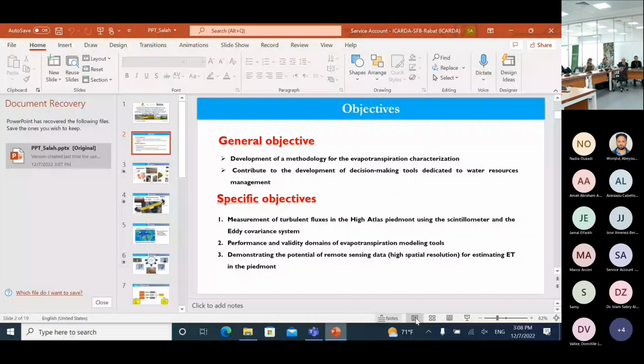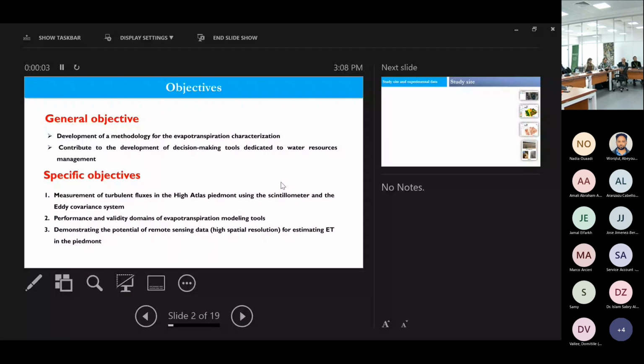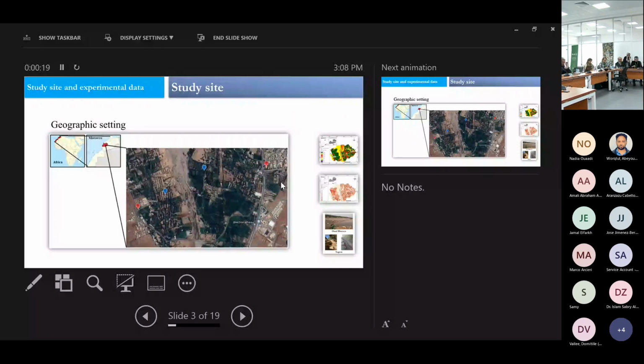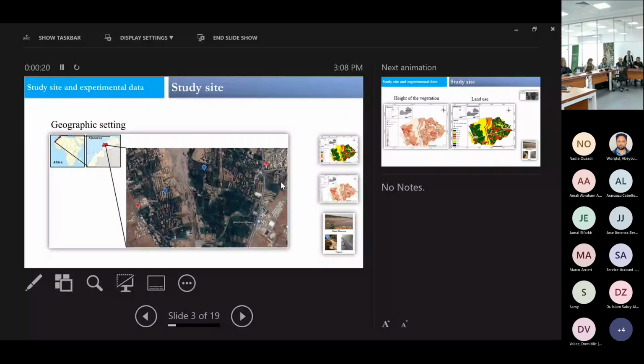Objectives. Okay, I will move on to the study site. It is an area located 30 kilometers south of Marrakech city. It is an area covered by heterogeneous land cover, especially olive trees, fruits, and wheat.